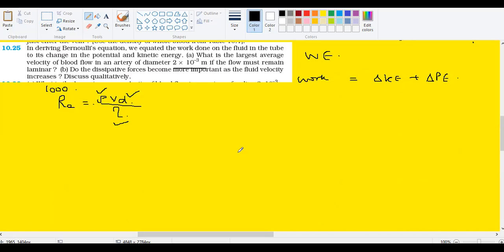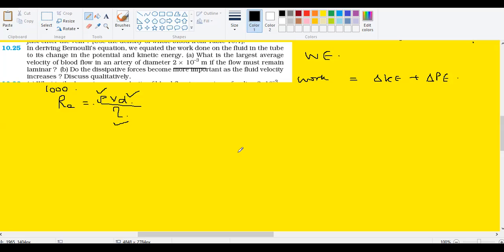Do the dissipative forces become more important as the fluid velocity increases? Yes, right, because as velocity increases there will be more friction. Fluid friction will cause more dissipative effect. What do you mean by dissipative? Something like energy loss as heat.